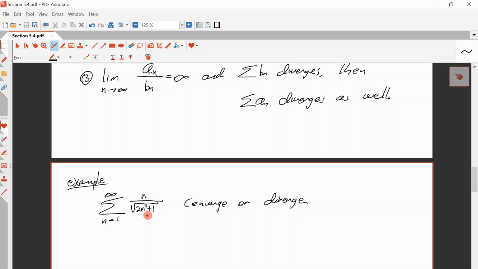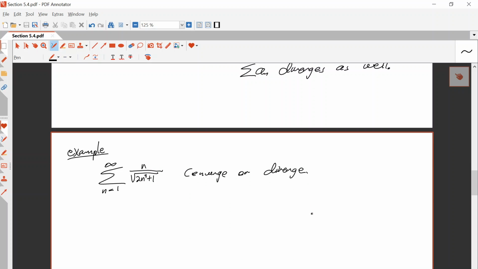We sort of have polynomials on the top and bottom, so let's compare to something that has polynomials on the top and the bottom. What's the highest power of n on top? Well, it's n. What's the highest power of n on the bottom? It's n to the 4th. But this square root on the outside makes it like an n squared. So let's compare this to 1 over n. Highest power of n on the top is n, highest power on the bottom is n squared. That's equal to 1 over n.